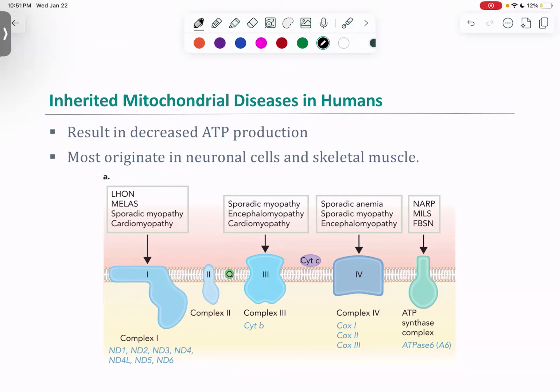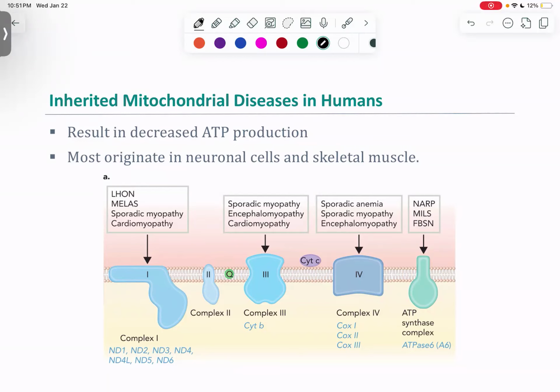There's a mitochondrial genome as well as a nuclear genome. Then you're going to have a problem with ATP production, even if it's just a decrease in expression. And you don't have to memorize all this. I just want you to understand that mitochondrial diseases are inherited in a different pattern than most diseases.